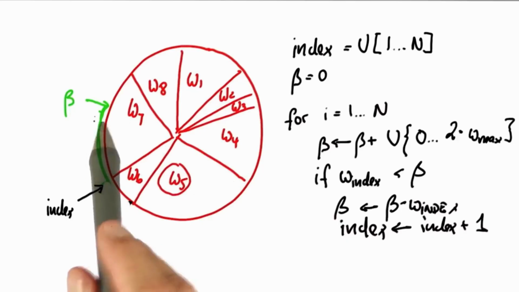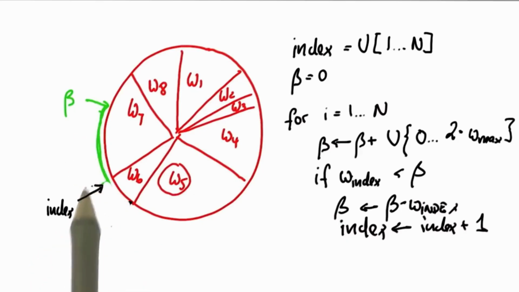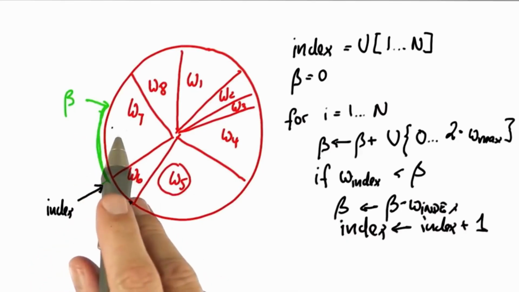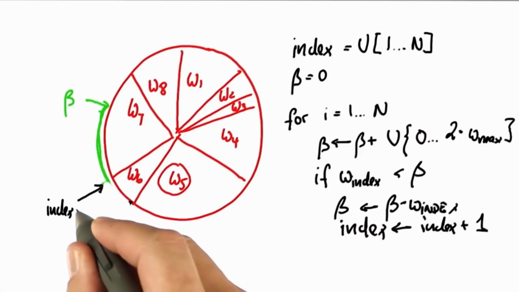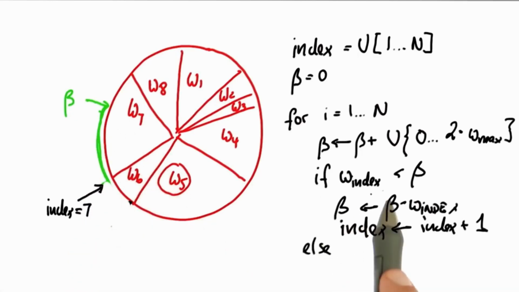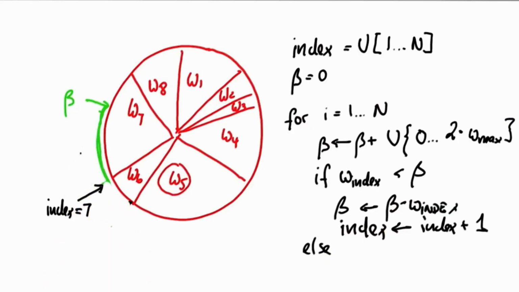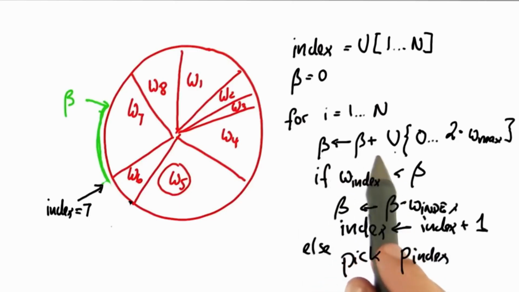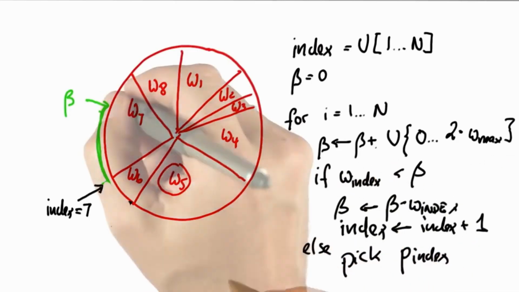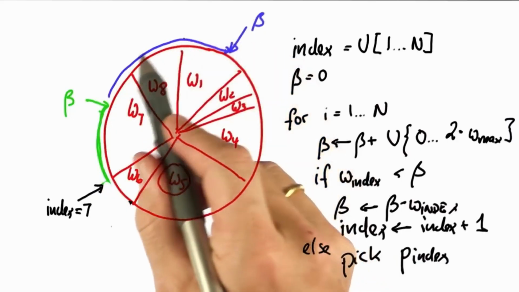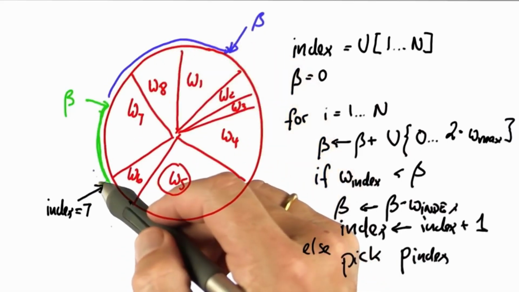When I now get to the point where beta becomes smaller than W index, which is the case in the next iteration, now index equals 7, then index is the index of the particle I pick in my resampling process. So pick the particle index. I now iterate, I add another uniform value to beta. Say I add this one. This is the value I add, this is the value beta previously had.